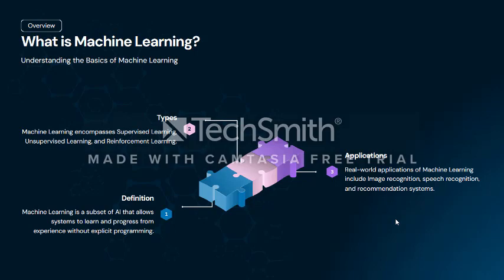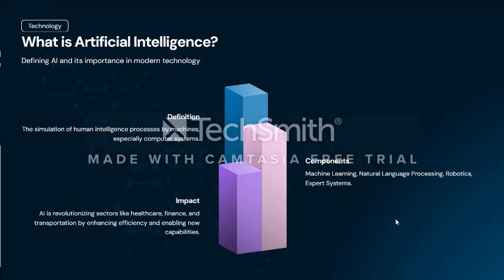Then if we consider artificial intelligence, it is about the simulation of human intelligence processes by machines. In the previous slide, I told you that the machine should be trained.